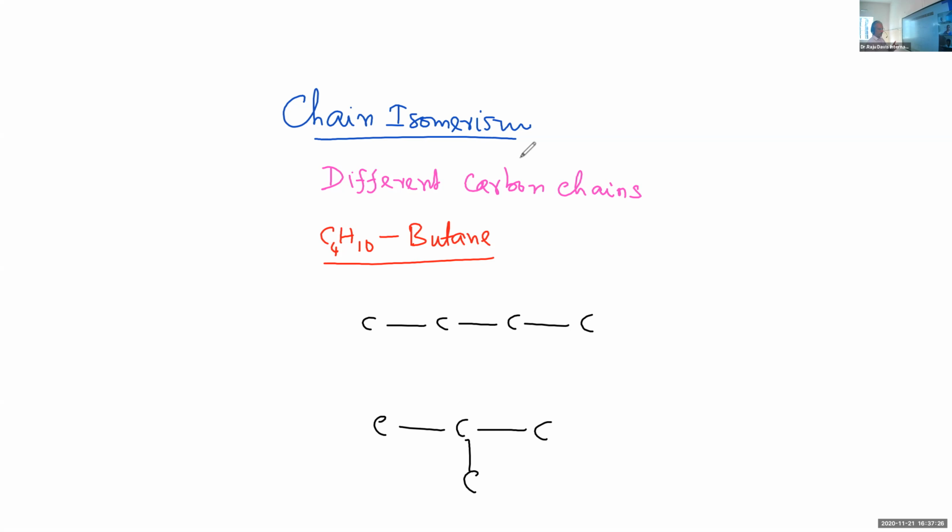Another thing, when you draw the side chain, it should not be drawn from the end carbon atoms, the terminal carbon atoms. It must be drawn from a carbon atom other than the terminal carbon atoms.